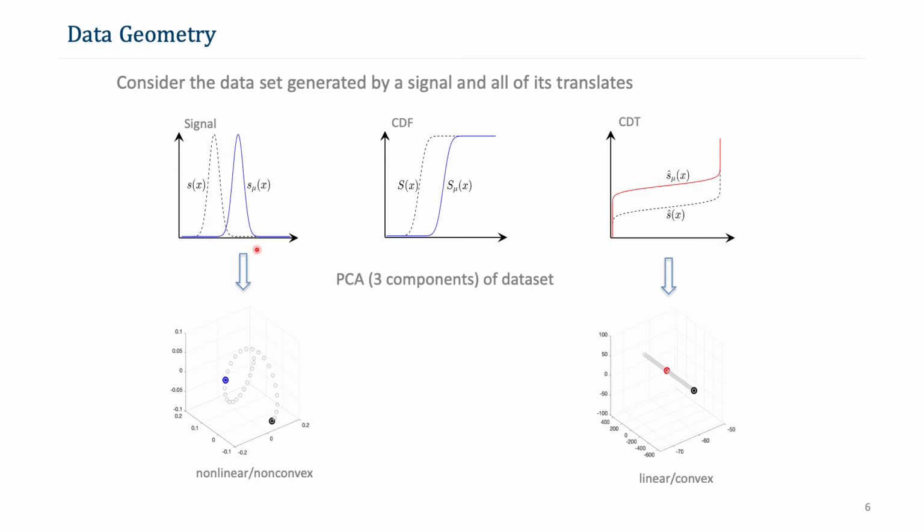We'll see that the set does indeed form a nonlinear space in this reduced PCA space. Now, if we look at the same set of signals in CDT space or transform space, we can see from the derivation we just did that this becomes a perfectly convex space, a perfectly linear space, and this is reflected in the fact that the three-component PCA reconstruction of the data set gives you essentially a straight line.